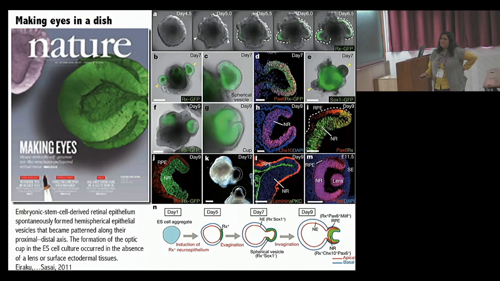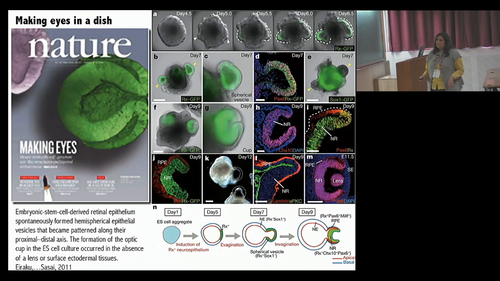What they also found was that if you look at what the inner and outer walls of this two-layered cup are, just like in the normal eye, this inner layer is molecularly like the neuroepithelium, or the neuronal retina that allows you to sense light. And the outer layer is the retinal pigment epithelium.